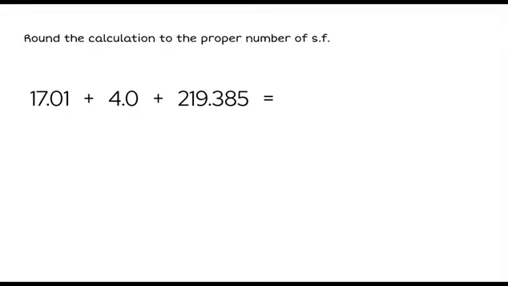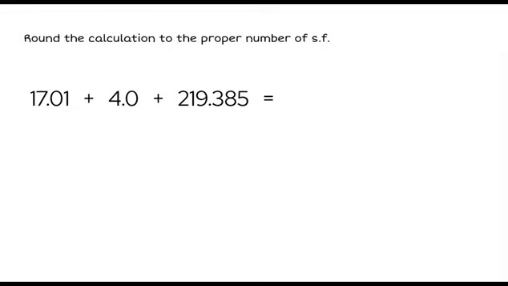For our first example, we want to do the calculation and round to the proper number of sig figs. We're not told that any value is exact. Because this process is addition, we need to count places, not count sig figs.